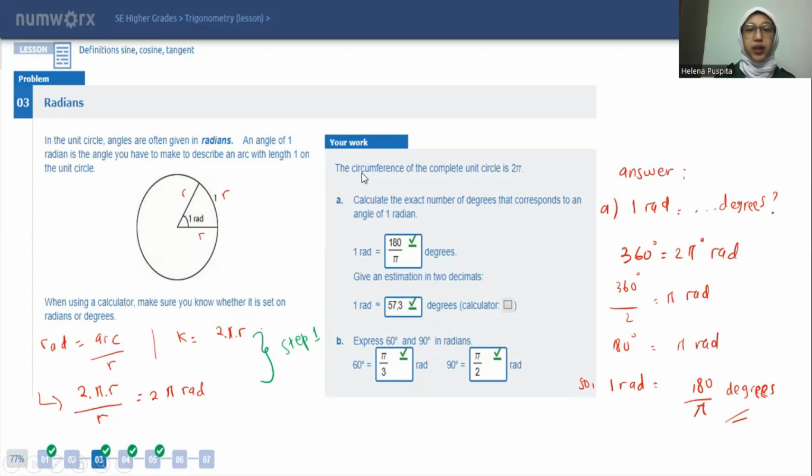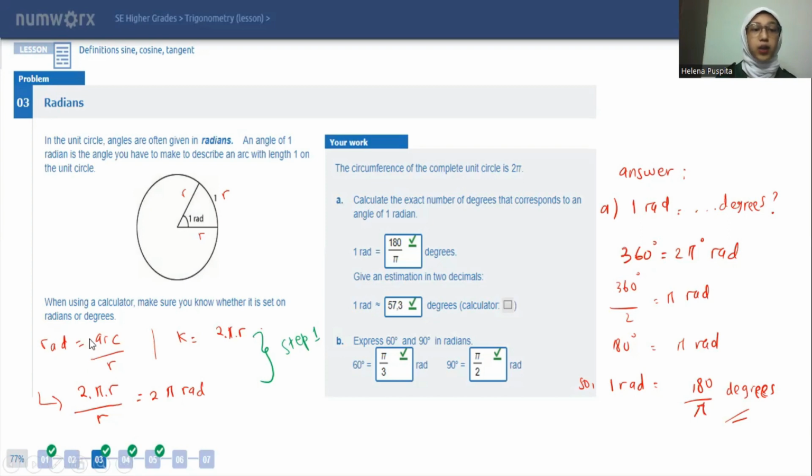The circumference of the complete unit circle is 2π. A. Calculate the exact number of degrees that corresponds to an angle of 1 radian. Step 1.